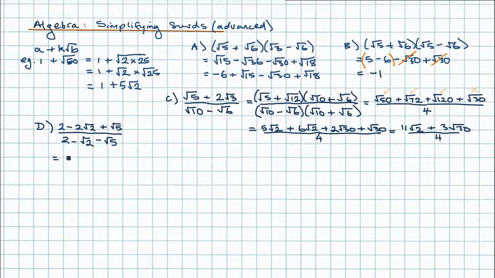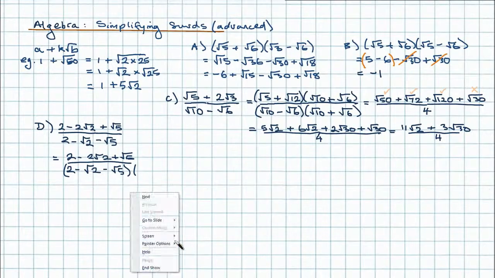Okay, so let's now rewrite this. If we've got 2 minus root 2 plus root 5 to start with, underneath here we're going to have the same, but what we're going to do is find the conjugate, so that we can begin removing the surds from the denominator. If I put that in brackets, what's the conjugate of this three-term surdic quantity?